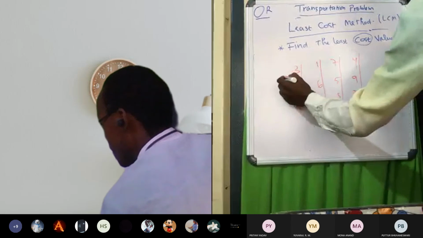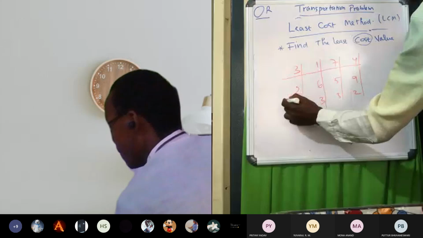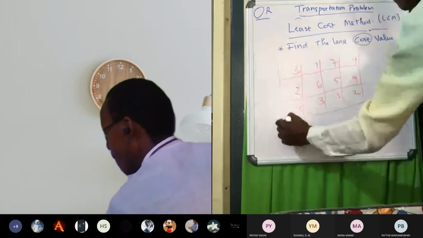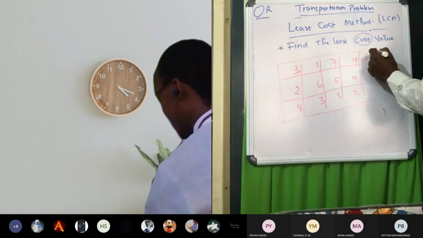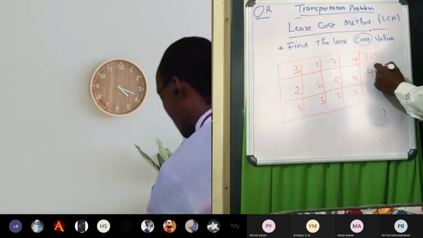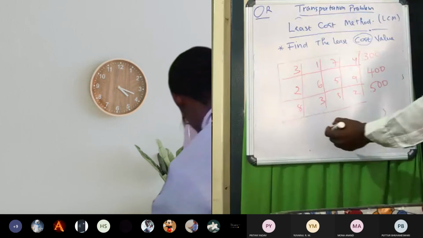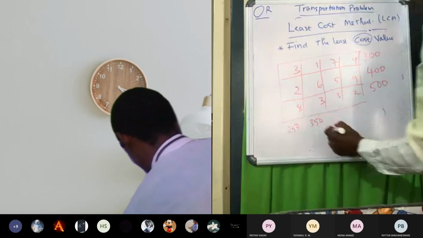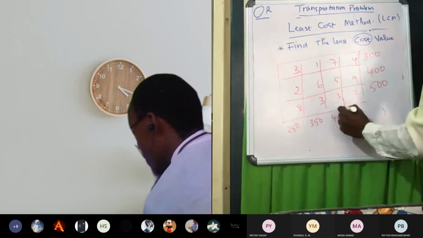These are the destinations. And apply the same here. And we have the supply. The supply is 300, 400, and it's going to be 500. And the demand is going to be 250, 350, 400, and 200.